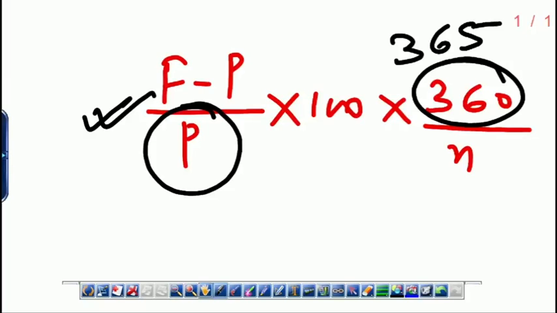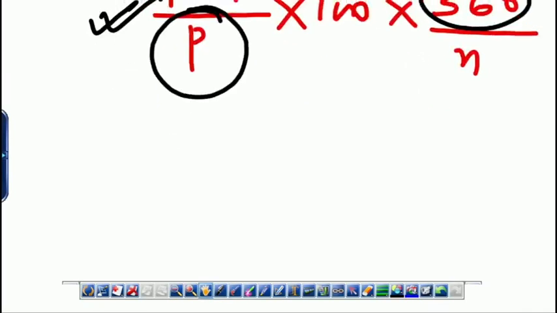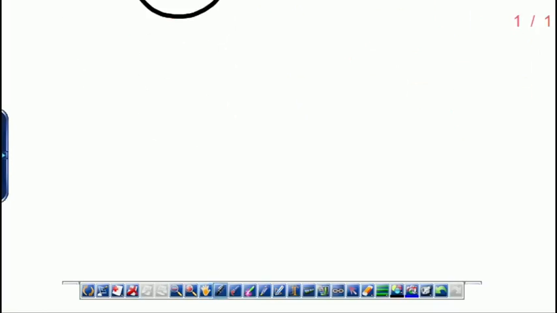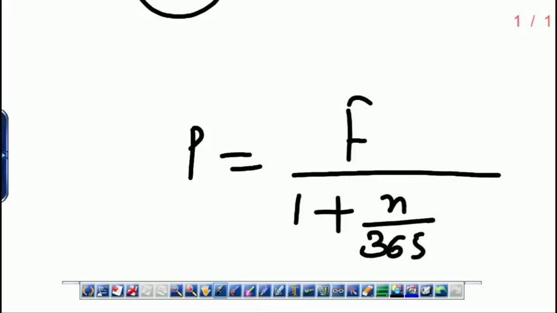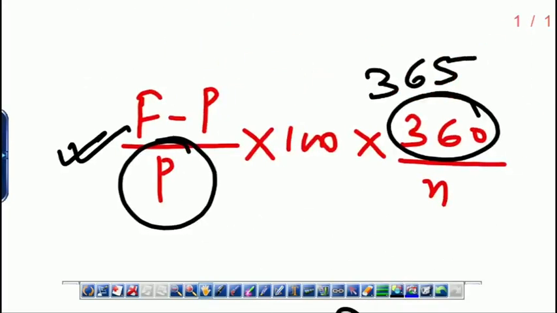I would also like to tell you that this formula can also be written in this form. For example, price is always the present value of the face value. So price is equal to F divided by 1 plus N by 365 into I, where I is given to us.